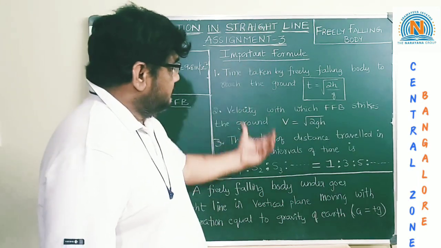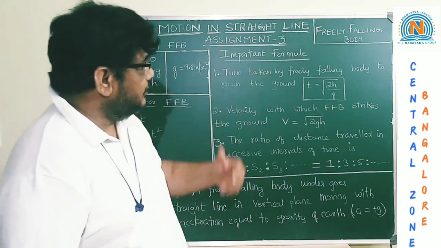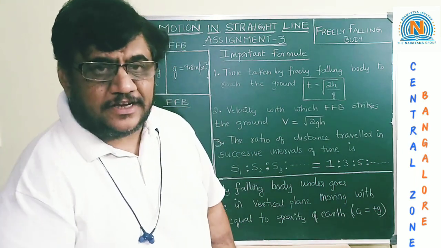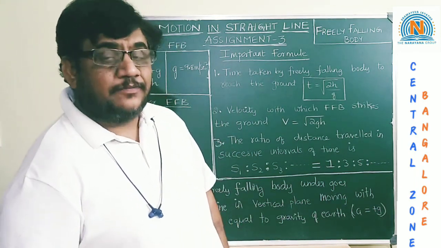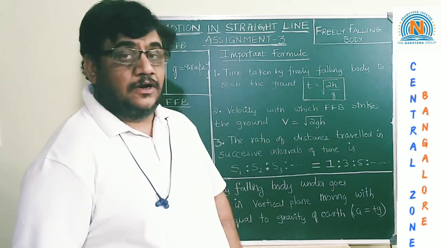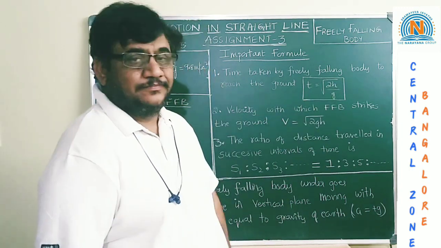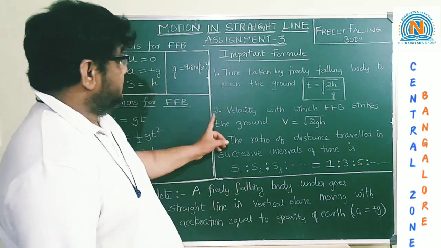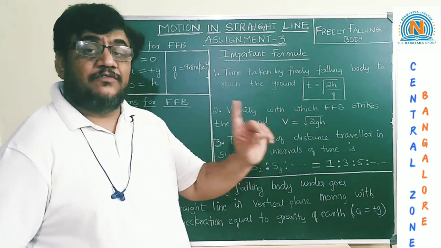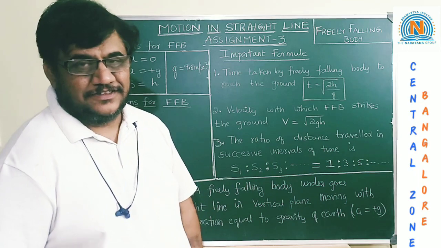A few important formulae related to freely falling body. The time taken by a freely falling body dropped from a certain height h from the ground is t = √(2h/g). The velocity with which a freely falling body strikes the ground is v = √(2gh).